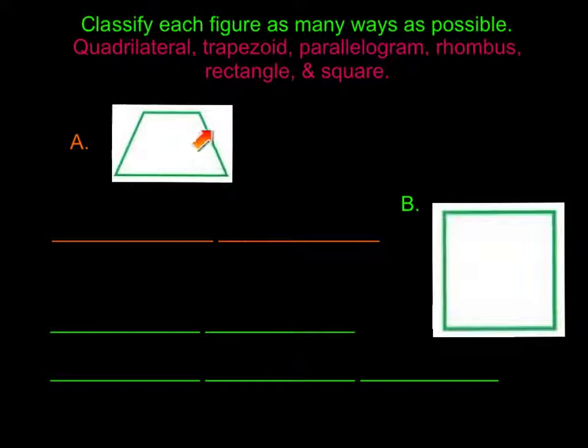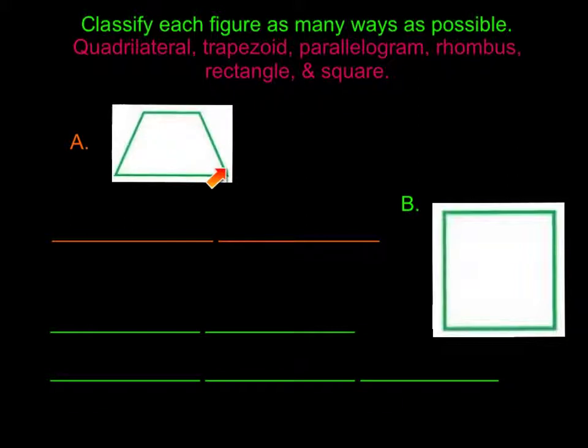And we look at this and we try and think of our rules, okay? So the first thing we're going to do is classify it as a quadrilateral because it has four sides, 1, 2, 3, 4, and four angles, 1, 2, 3, 4.